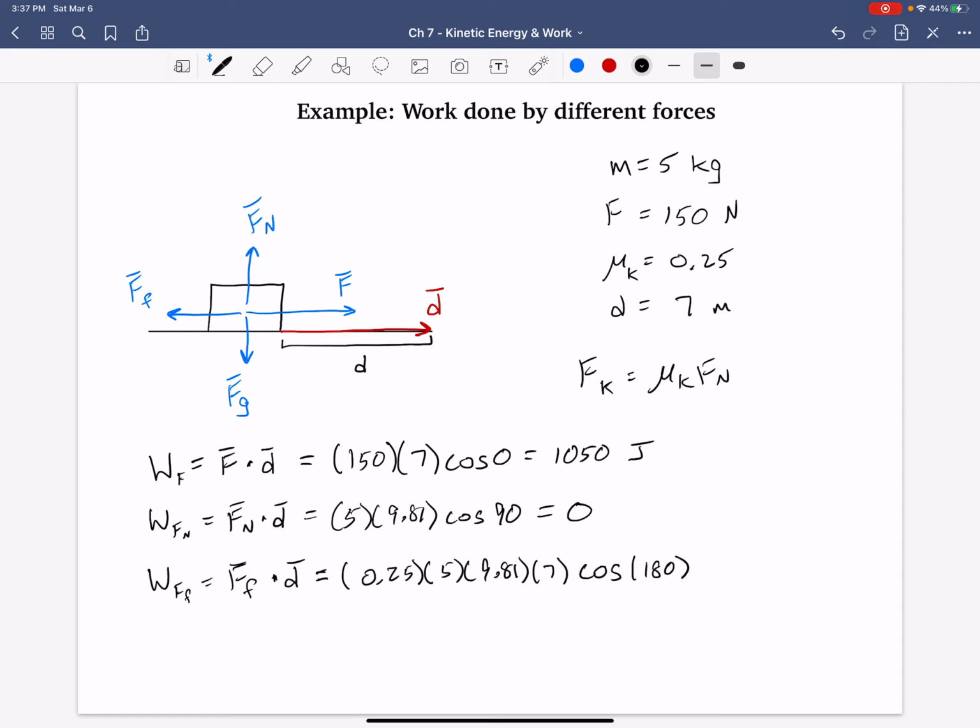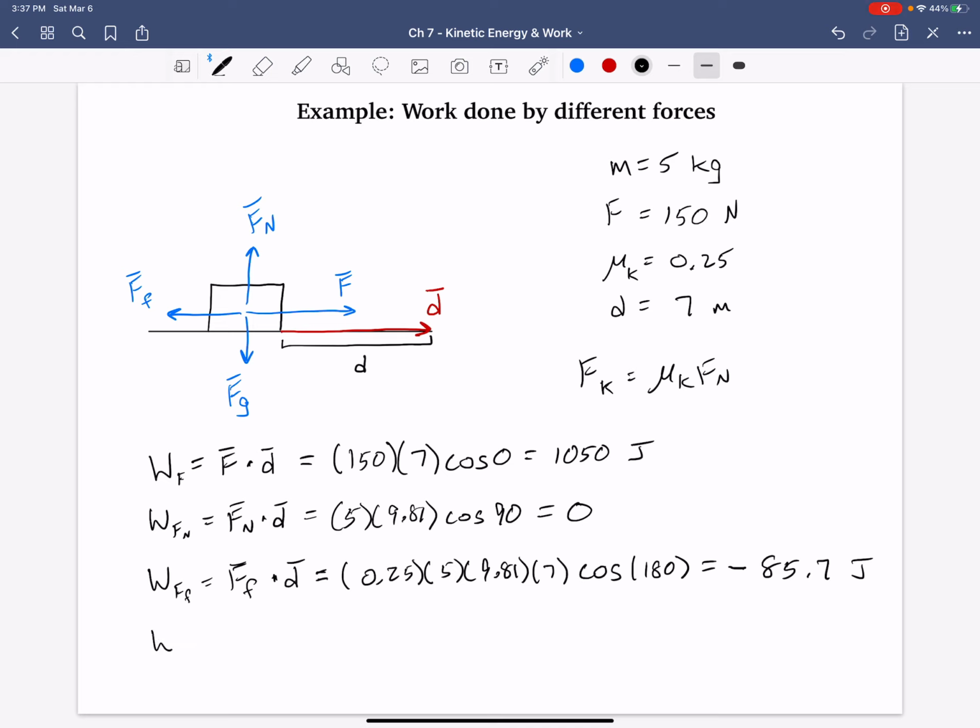So that means we have a value now of negative, it should be 85.7 or so. Yeah, 85.7 joules. Okay, it still does work, right? Because it's still a force applied on that object, right? It just is not responsible for moving the object across that distance.